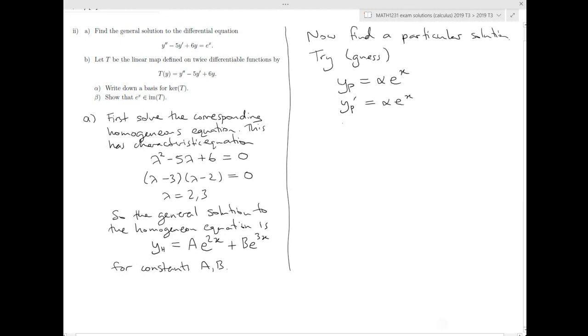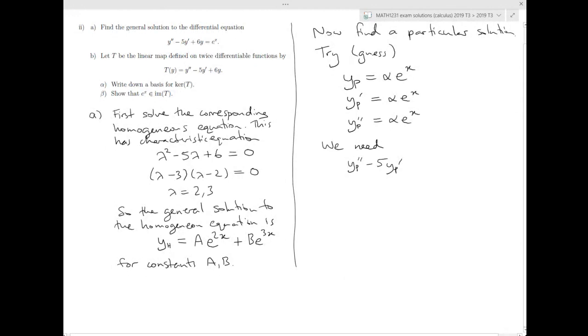The first derivative is just the same, and the second derivative was also alpha e to the x. And if this is going to be a solution, then it has to satisfy the equation. So we need yp double dashed minus 5yp dashed plus 6yp. That's got to be e to the x.